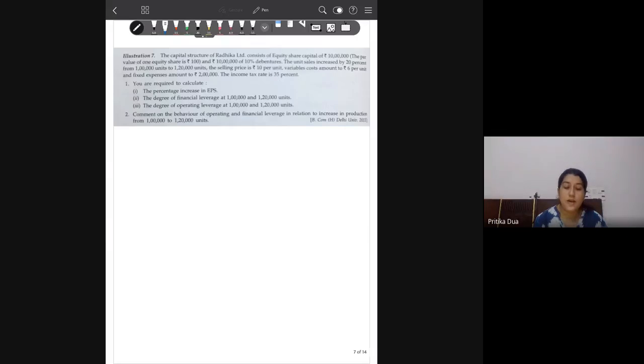You have to calculate the operating leverage and financial leverage at both the levels of sales. Please start solving the question. Prepare a financial statement. Calculate the earning per share under both the sales unit volume, 1 lakh units and 1 lakh 20,000, and then the financial and operating leverage.